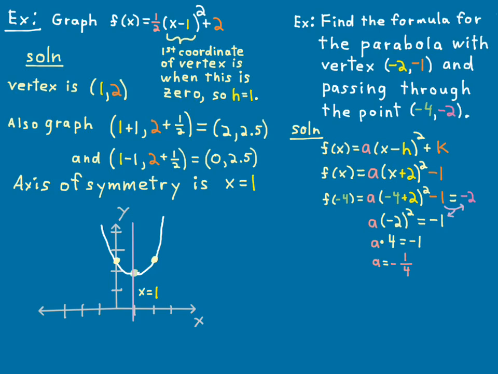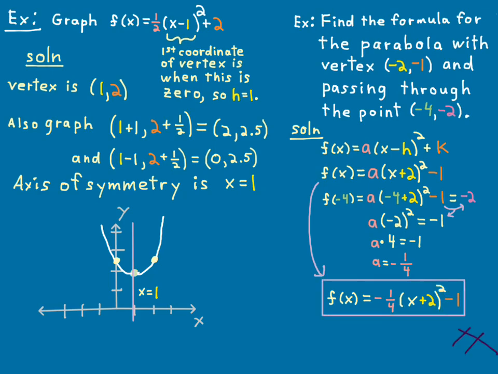I go back. Now I want to have this equation for all values of x, not just for (-4, -2). So I have to go back to before I plug those in, which is right here, and take this thing and put in the a, and that'll be my equation. So that's the equation, and you can double check it. The vertex is (-2, -1), that checks, right?